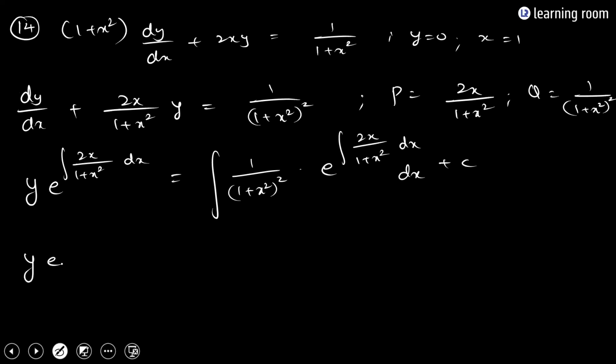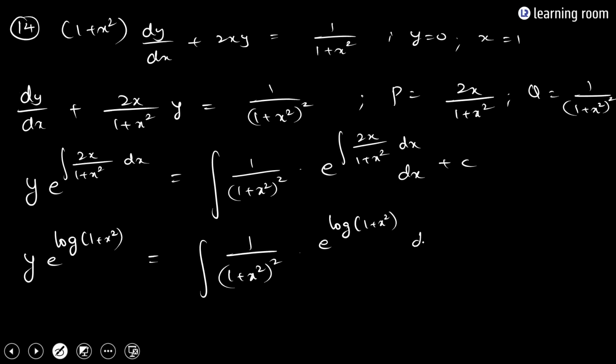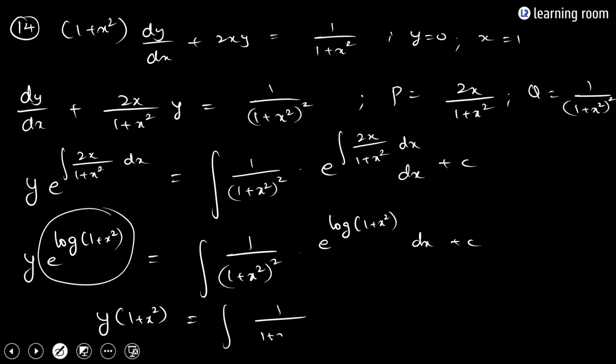So y into e power log of (1 + x²) is equal to integral of 1/(1 + x²) whole squared into e power log of (1 + x²) dx plus c. So y into (1 + x²) is equal to integral of 1/(1 + x²) whole squared into (1 + x²) dx plus c. So 1 + x² will cancel this once.